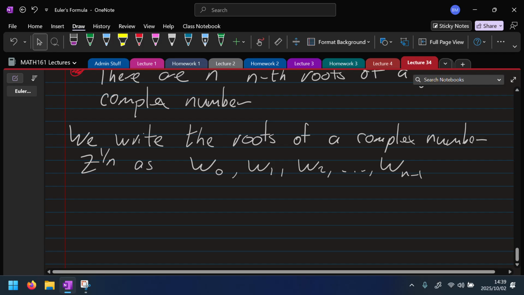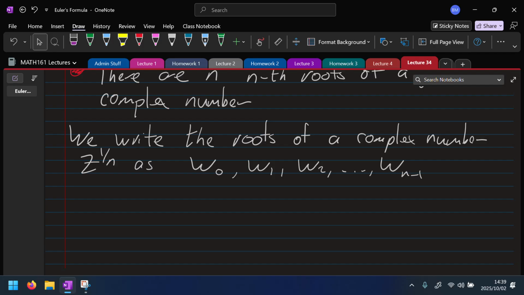Okay, so how do we get these roots over here? Well, we use de Moivre's theorem again. So the kth one, wk, is going to be equal to r to the 1 over n. Because remember, we're not taking powers, we're taking roots. So n becomes 1 over n.